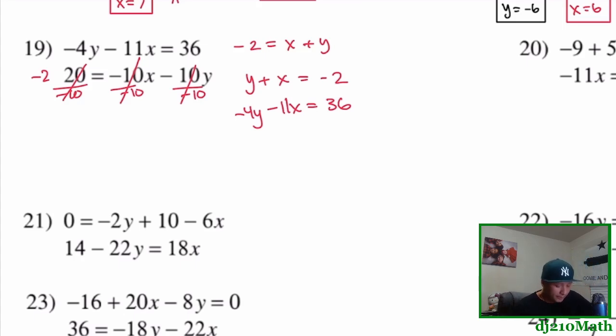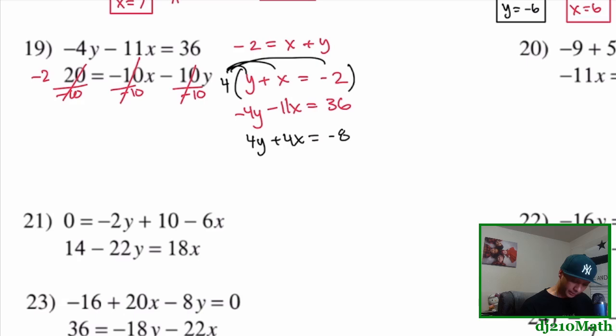Definitely I'm focused on the y's, and I'm going to multiply the bottom by 4. I'm multiplying by 4 because I want them to cancel. So this is going to be positive 4y plus 4x equals -8.